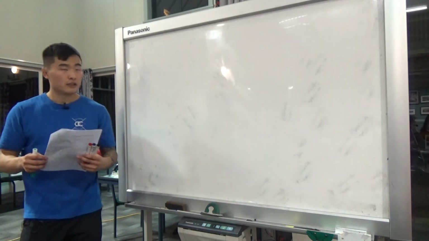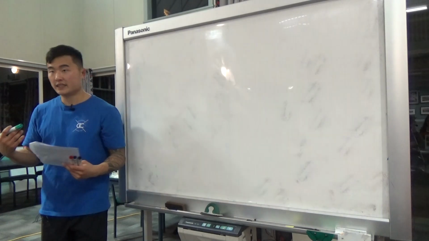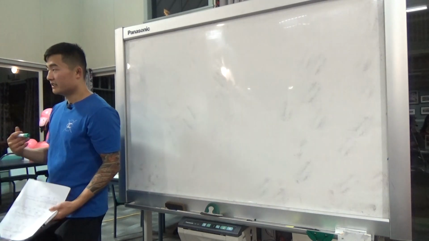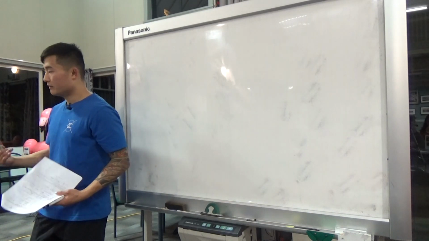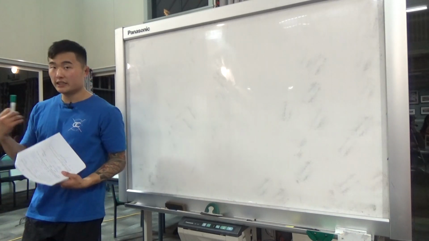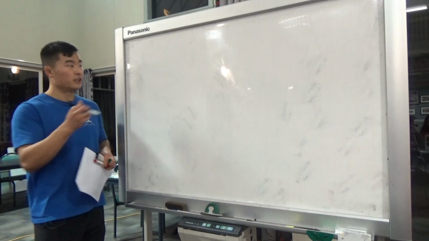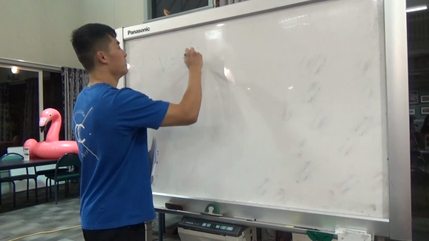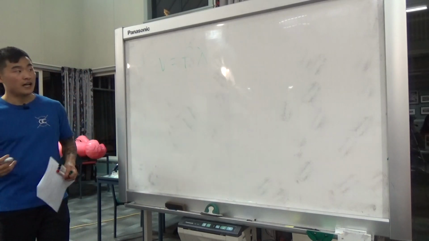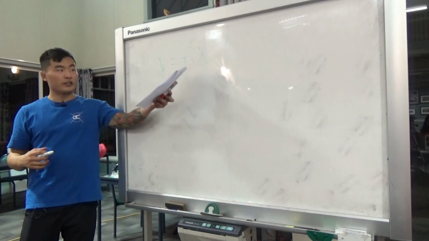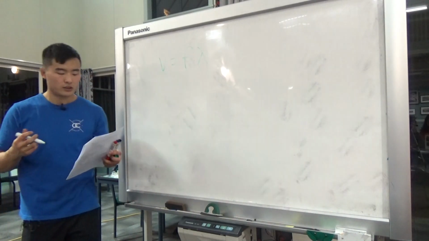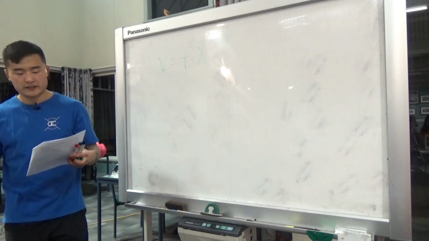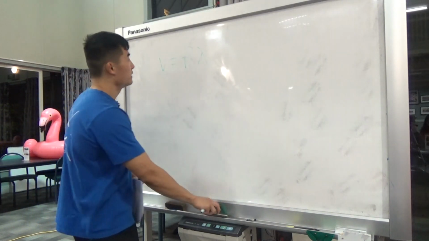Remember that the refractive index tells us how much the light is going to slow down when it enters a different medium. And when it slows down, because the velocity of a wave is equal to the frequency times the wavelength, the wavelength of the light will also slow down.